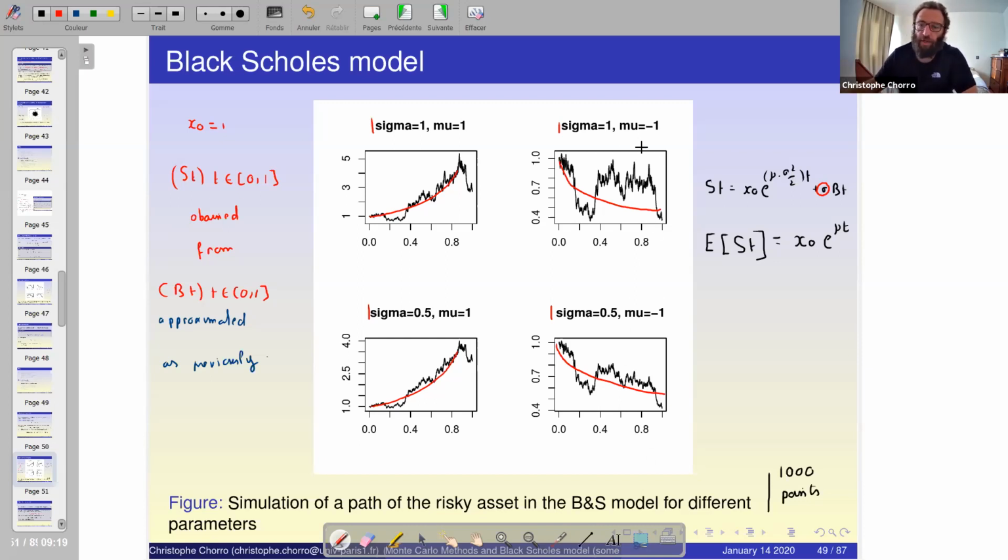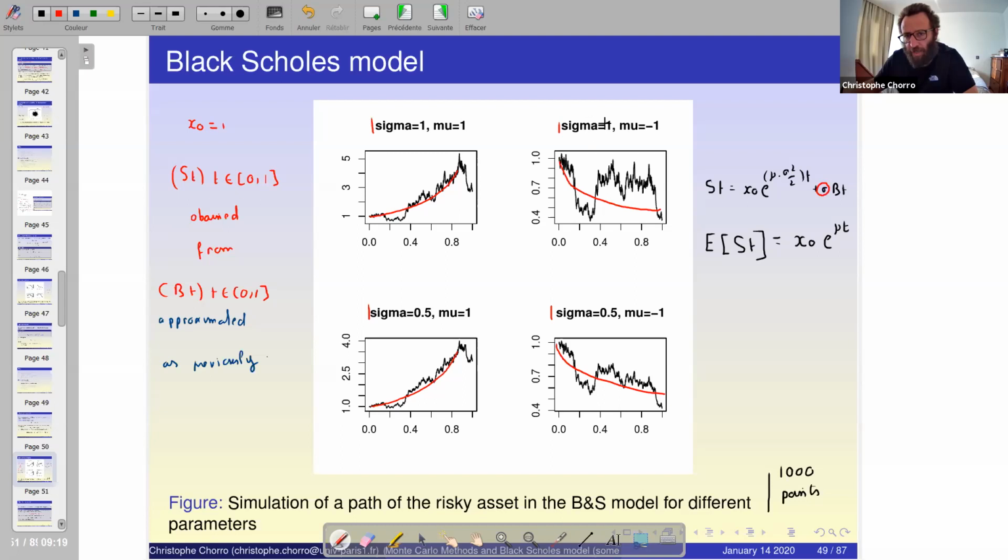If I take mu equal to -1, I have the same behavior here for a sigma that is equal to 0.5. I can see here the tendency that is the exponential of -t, and I see that I have random fluctuations around this tendency. Here, it's a little bit more complicated to see that, because my sigma is bigger.